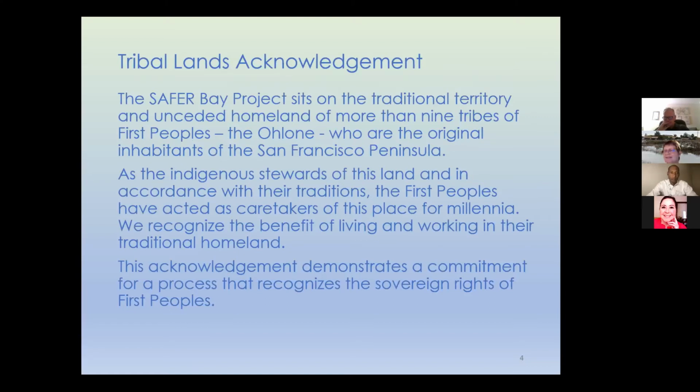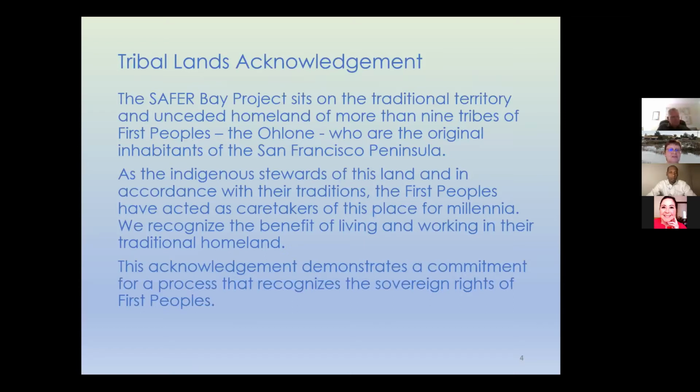In keeping with honoring our First Americans, the Safer Bay project sits on the traditional territory and unceded homeland of more than 9 tribes of First Peoples, the Ohlone, who were the original inhabitants of the San Francisco Peninsula.